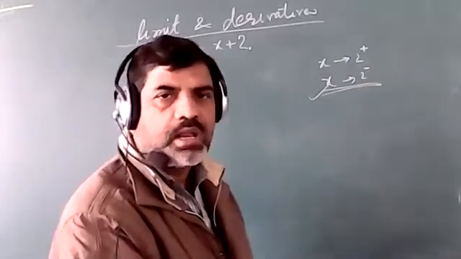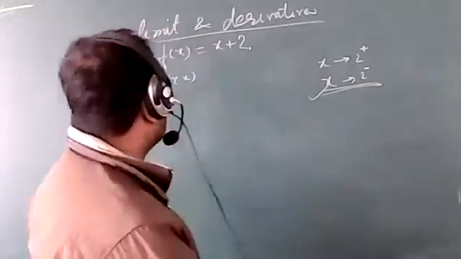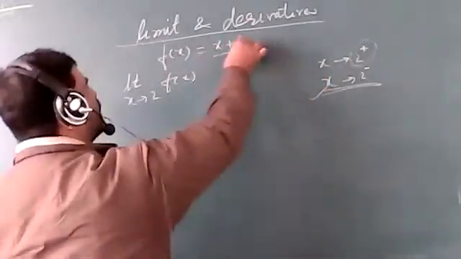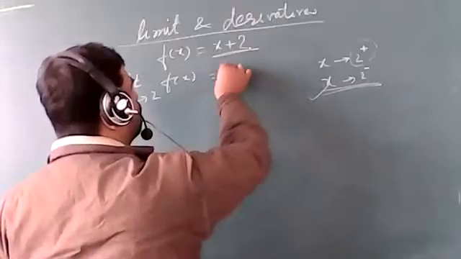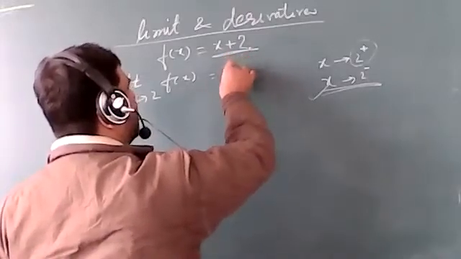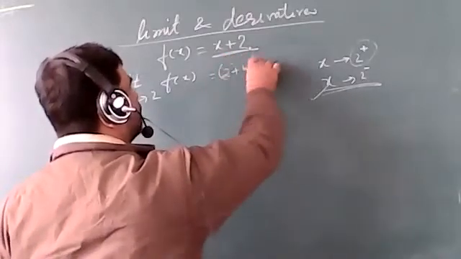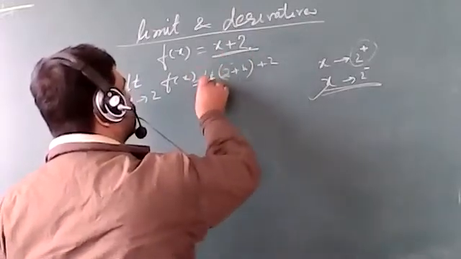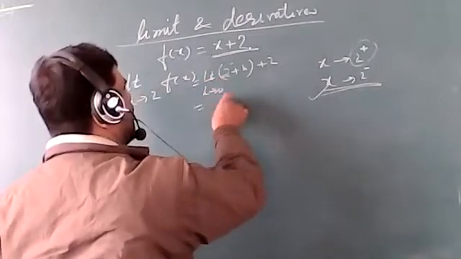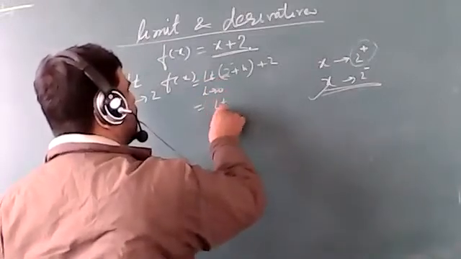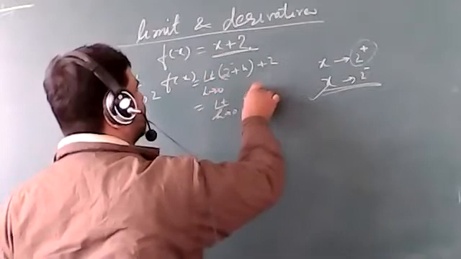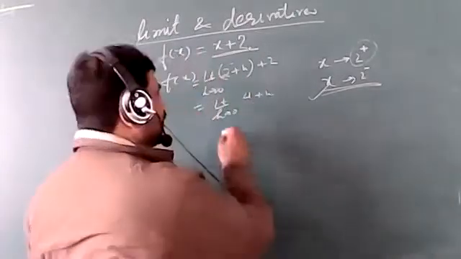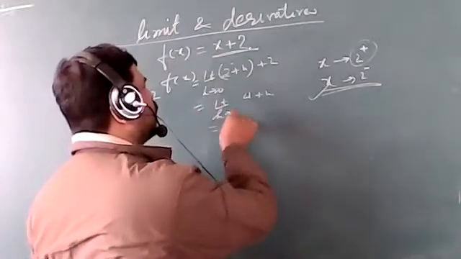So if you put a value slightly more than 2, take 2 plus h, then f(2+h) is h plus 2 plus 2, where limit h tending to 0, we have limit h tending to 0 of 4 plus h. Since h is tending to 0, it can be neglected. So this value becomes 4.